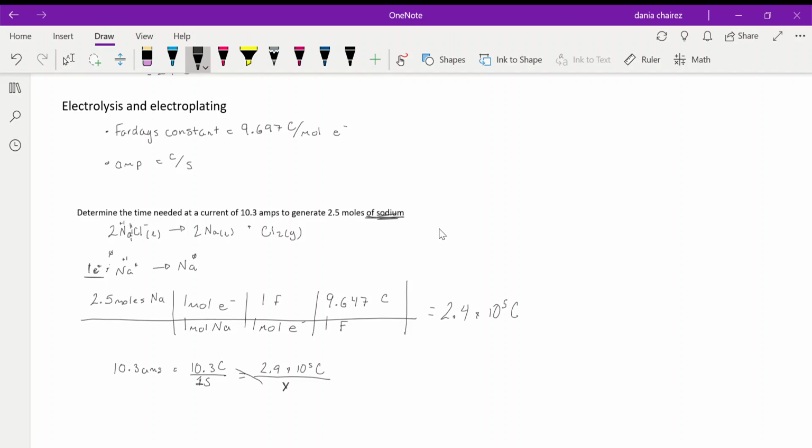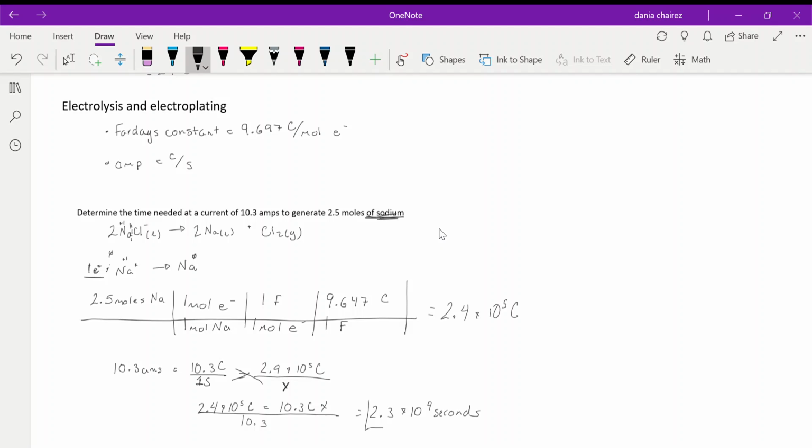So we just crisscross so that 2.4 times 10 to the 5th coulombs is equal to 10.3 coulombs times x, and then we just divide by 10.3 so that we end up with 2.3 times 10 to the 4th seconds.